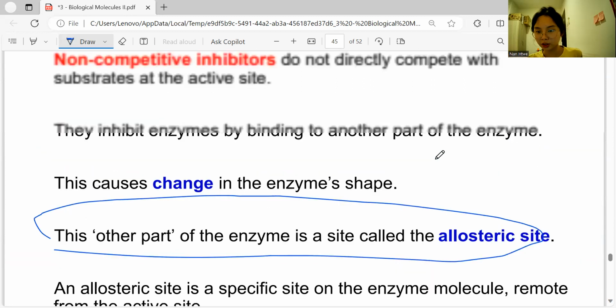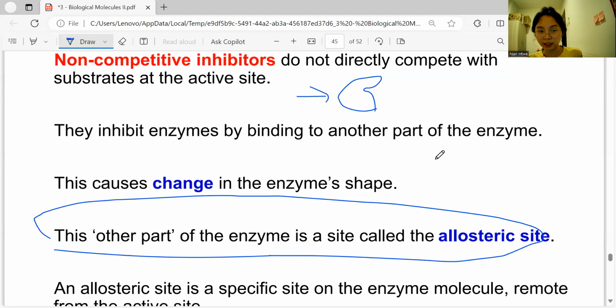So the key concept here is that the non-competitive inhibitor will not bind to the active site, it will bind to the allosteric site. As soon as this non-competitive inhibitor binds to the allosteric site, the shape of the enzyme will change. So when the enzyme changes its shape, it will not be able to function anymore.